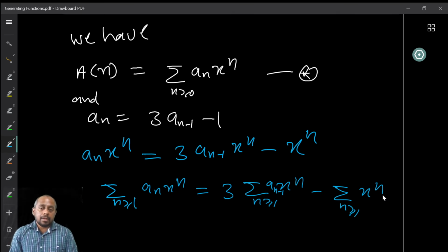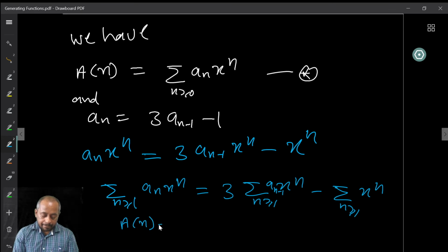Now, once you have this, how close is this to A(x)? Here only the first term is missing. What is the first term? We already computed it, the first term is 5. So I can use that fact. This is basically A(x) minus a0, which is A(x) minus 5.